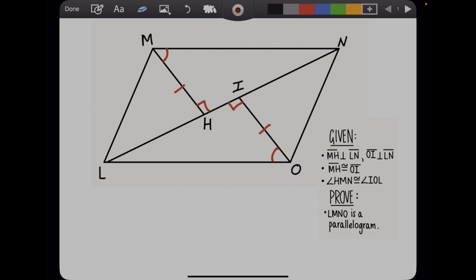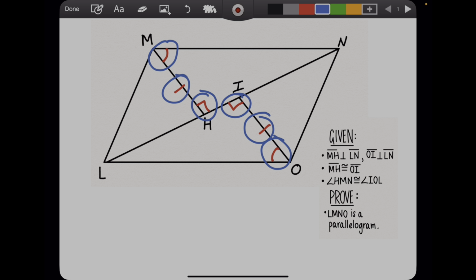So according to the angle side angle postulate, if 2 angles, these over here, and the included side of one triangle are congruent to the corresponding parts of another triangle, then the triangles are congruent.